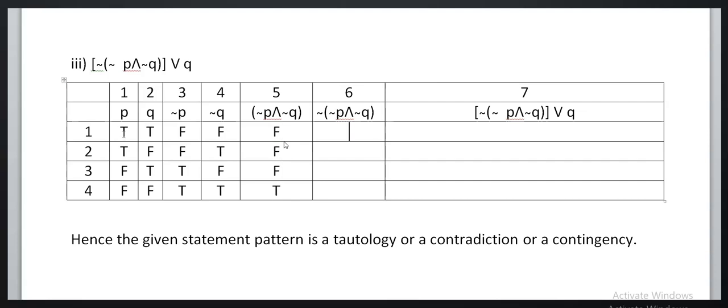Their negation T T T F, and sixth and second with the OR statement, that is T or T is T. T or T is T. T or F is again T. T or T is T. And last is F or F is F. Therefore, it is a contingency.